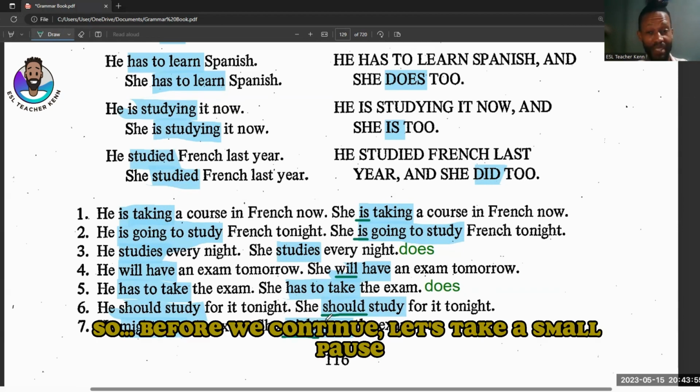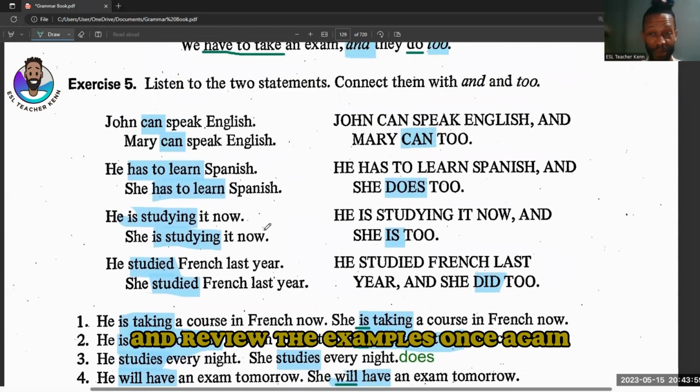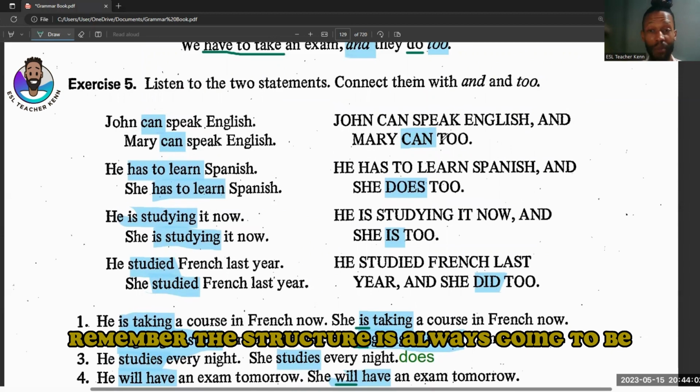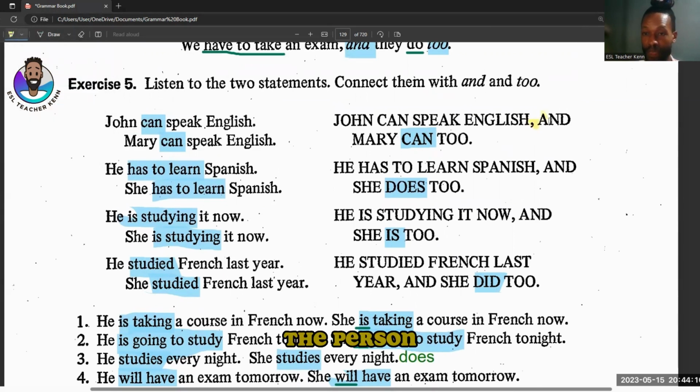So, before we continue, let's take a small pause and review the examples once again. Remember, the structure is always going to be "and," the person, the auxiliary, and "too."